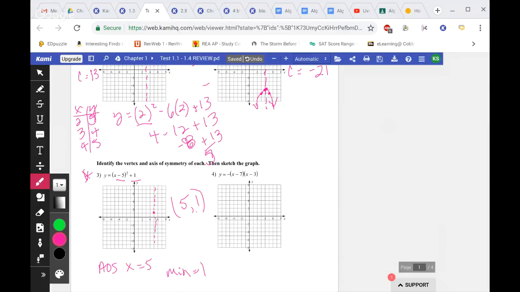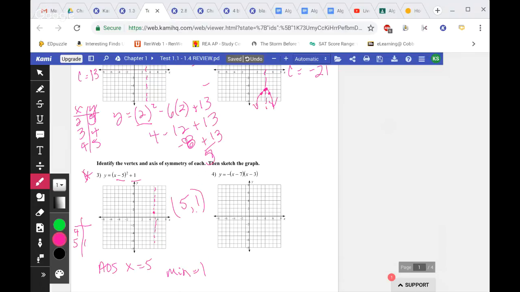Okay. But then what you would do is your little t-table is you would plug in that 5 and that 1. And I would just do something like go up 1 or down 1, either way, and plug in a 4. 4 minus 1 is a -1.